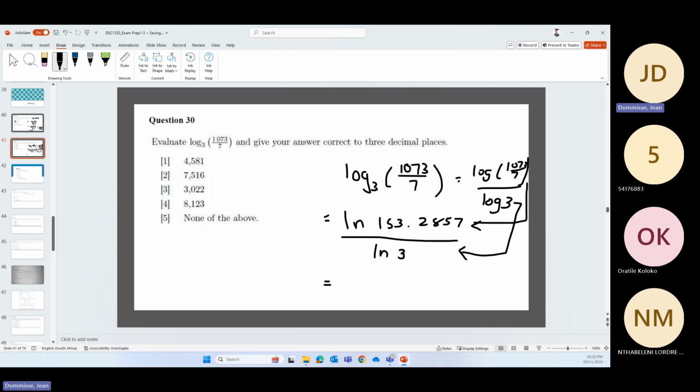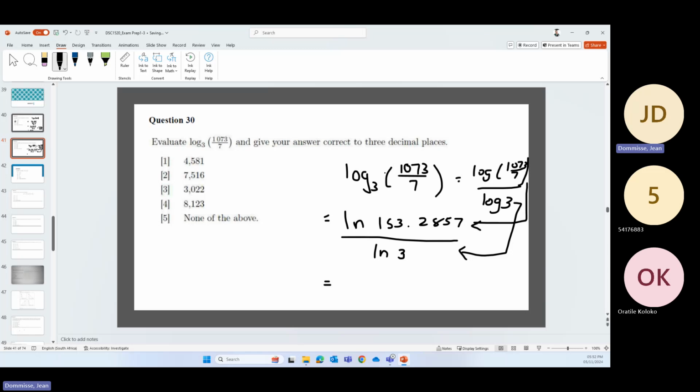Again, some of your calculators you can put that in automatically. Mine does not, so I need to manipulate it a bit. So the log of 153 point divided by log 3, my final answer is 4.581, which is option 1.